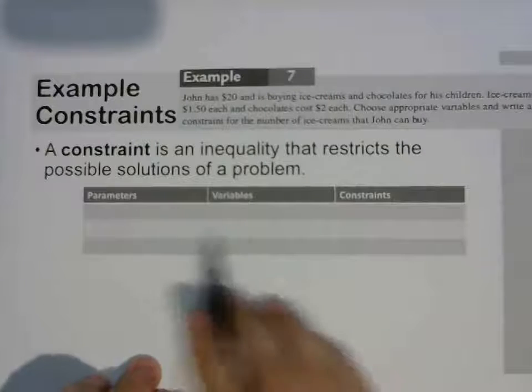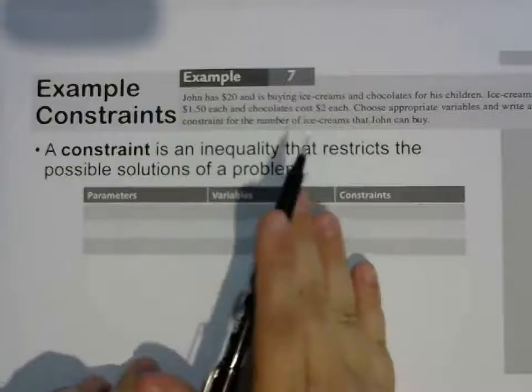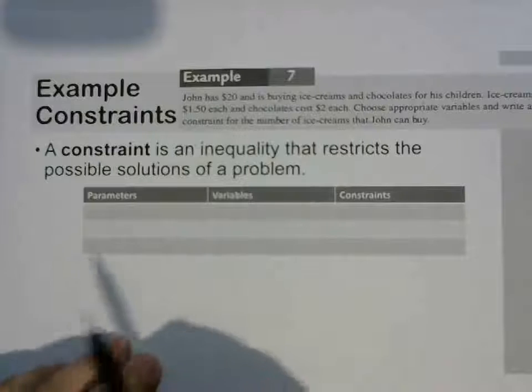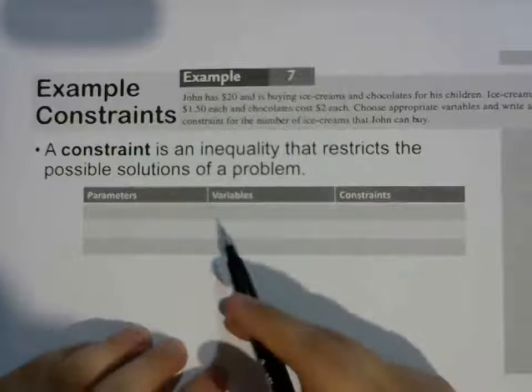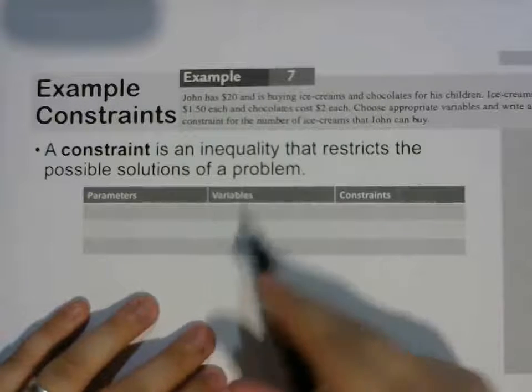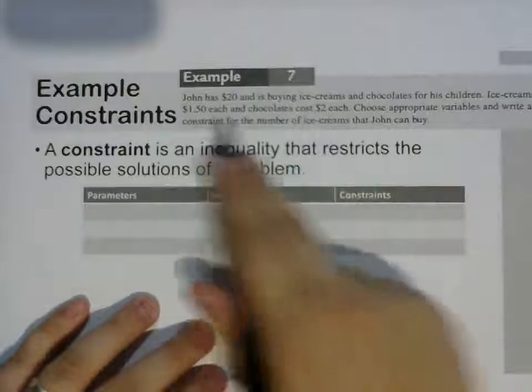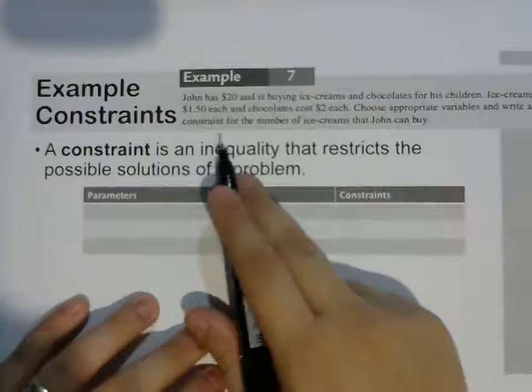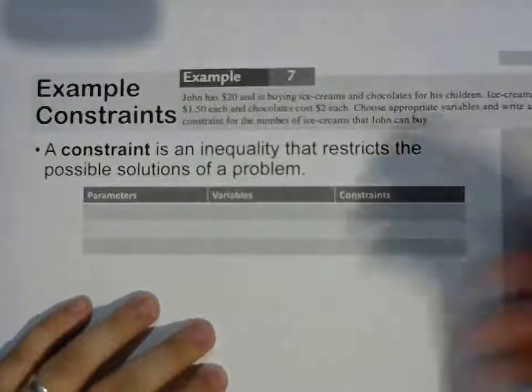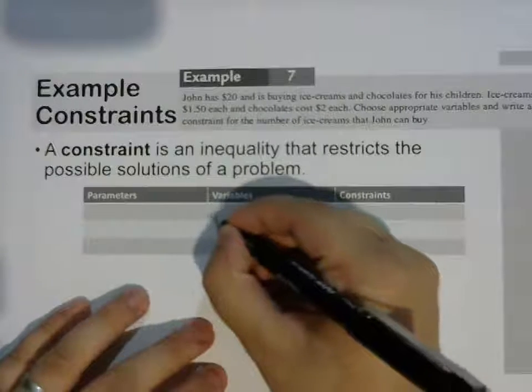We're going to start by identifying our variables and parameters, just like we do with our normal problems. So looking at this problem, these are all values that have something to do with money, and John's going to buy these, so we might call this the cost.